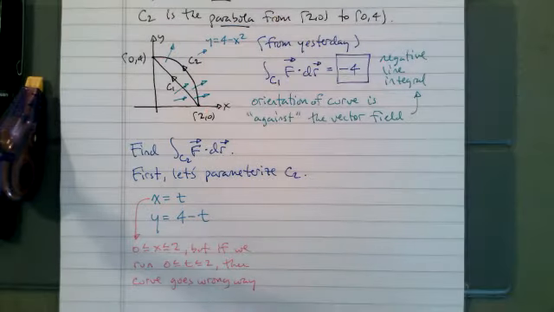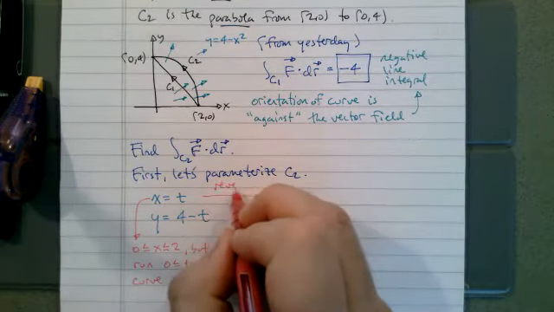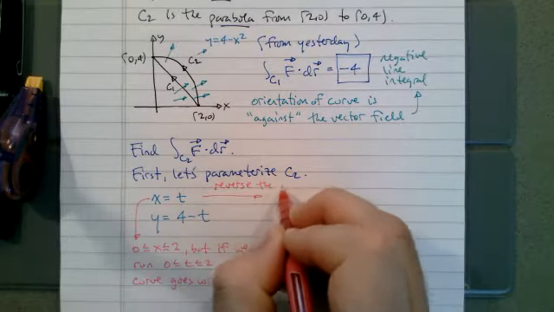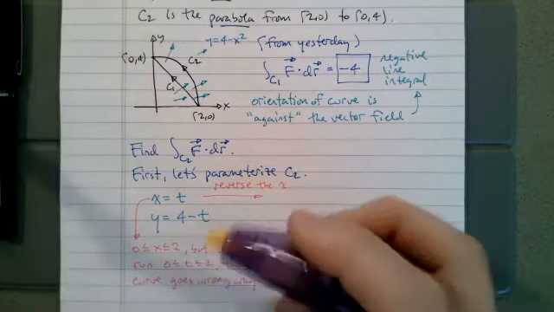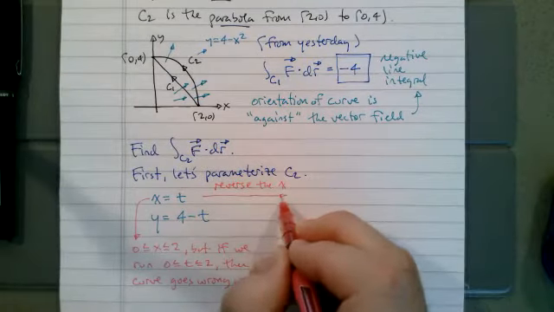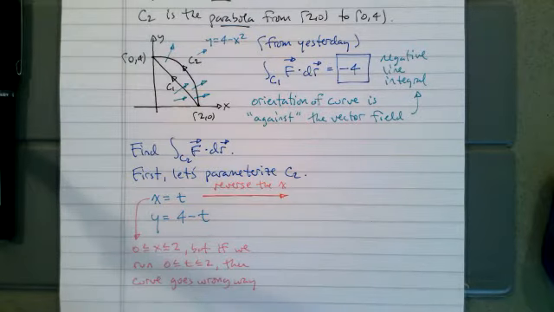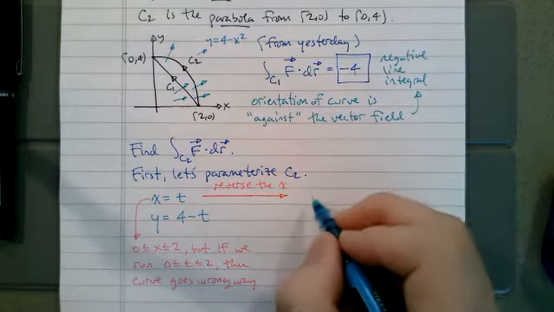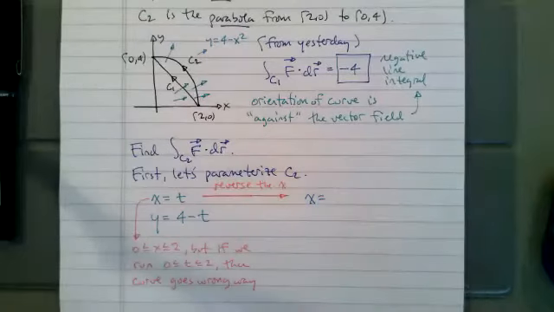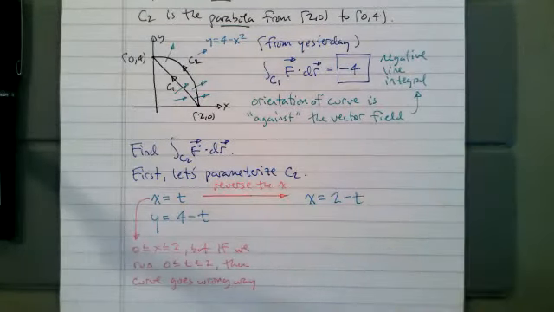So we're going to correct this the same way we did yesterday. We're going to reverse the x. I'm going to pull the Uno reverse card. I don't know if Uno is still a thing, but it used to be. I'm going to say x is 2 minus t, and now x is going in the opposite direction.